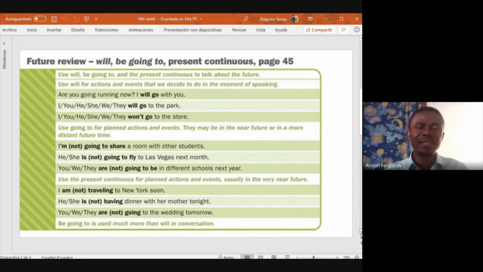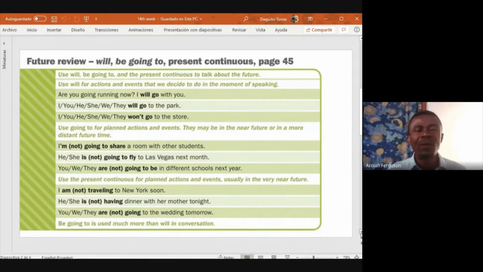Will as in future tense, or be going to present continuous. You remember this? We explained it and we did activities on them. So it's only a reminder of what you have learned or may have learned in the past weeks.